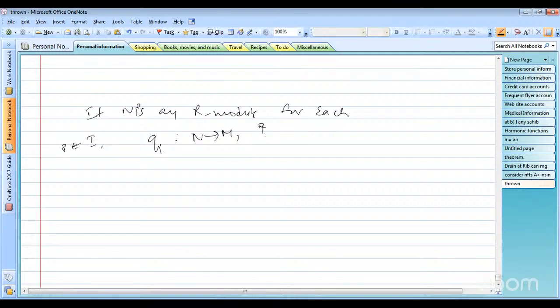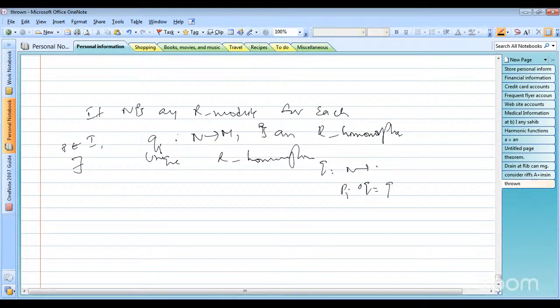So Qi is an R-homomorphism we are taking. Then there exists a unique homomorphism we are taking here, that is Q, N maps to M, such that Pi circle Q is equal to Qi, so we are writing this condition.